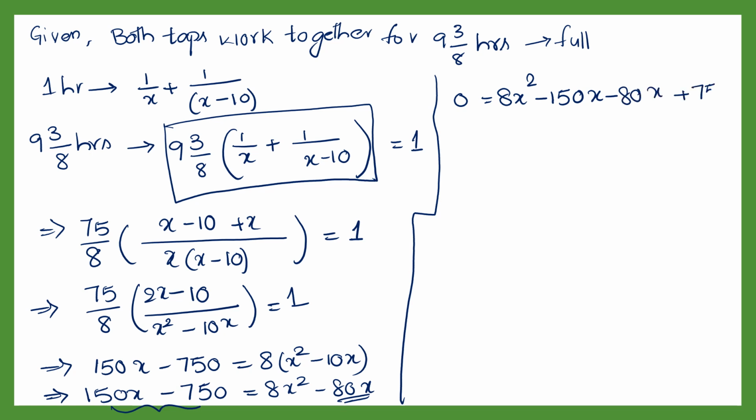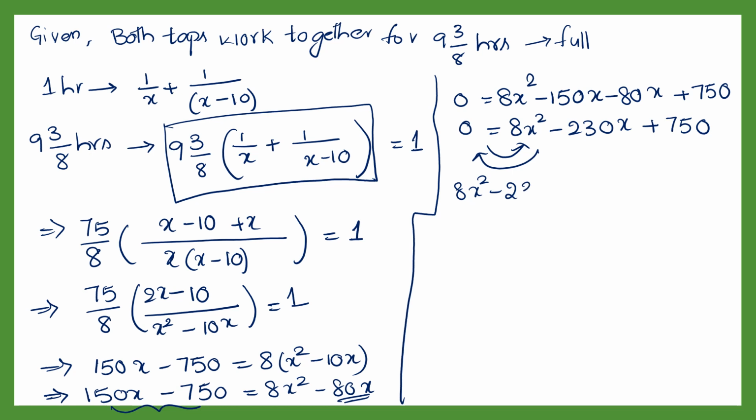So 0 is equal to 8x square minus 150 minus 80, which is minus 230x, plus 750. This is the quadratic equation we got. We can interchange the sides, and you get 8x square minus 230x plus 750 is equal to 0.